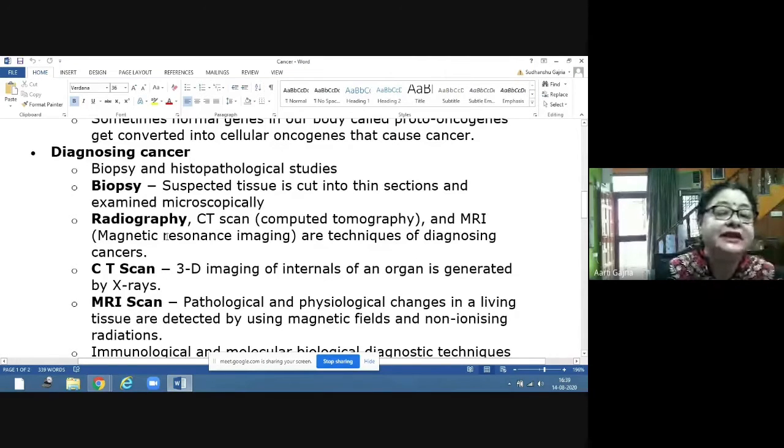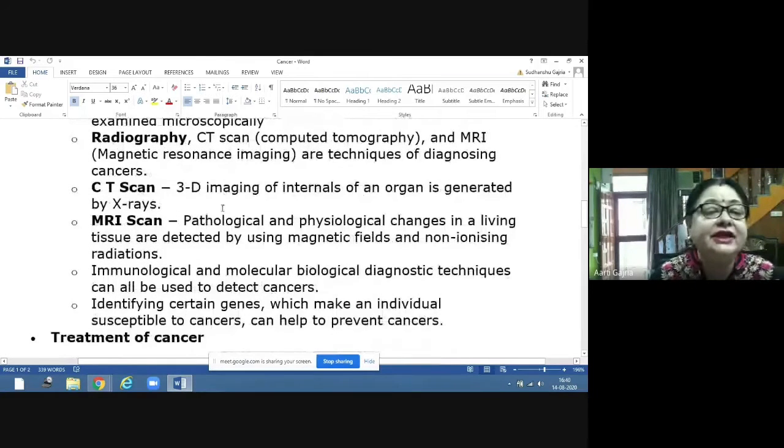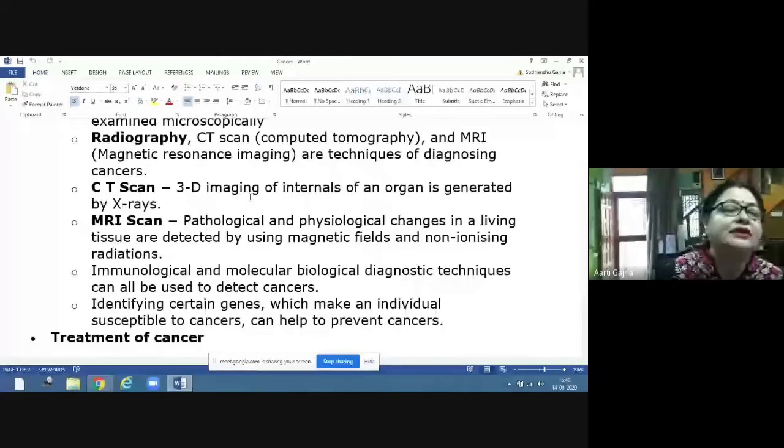Then there is radiography. Radiography, CT scan (computed tomography), and MRI (magnetic resonance imaging) are techniques of diagnosing cancers. CT scan is 3D imaging of the internals of the organ, and this is generated by X-rays. The images we get from a CT scan can help the doctor to diagnose the cancer.